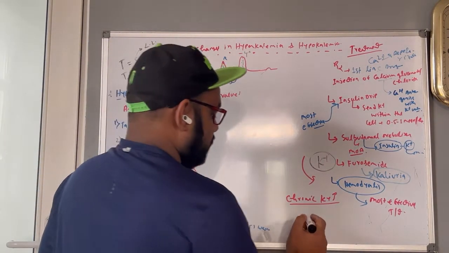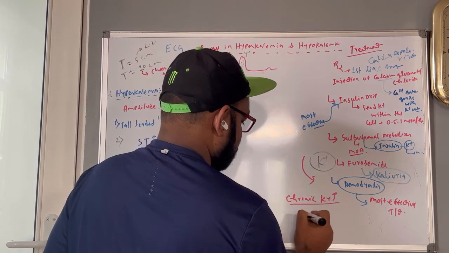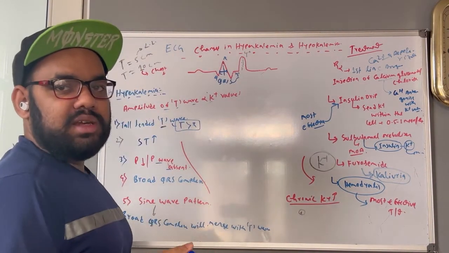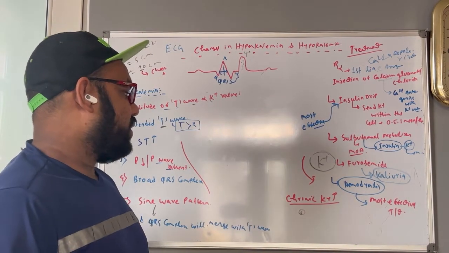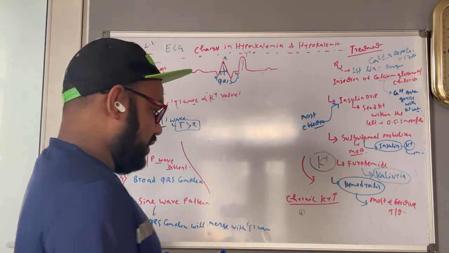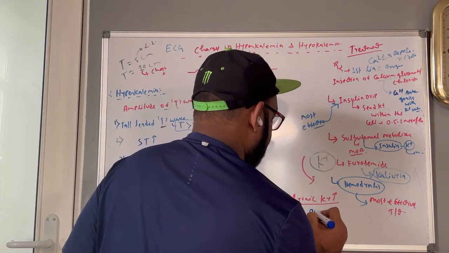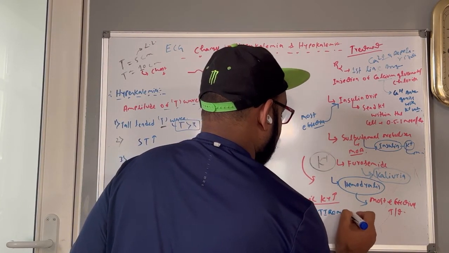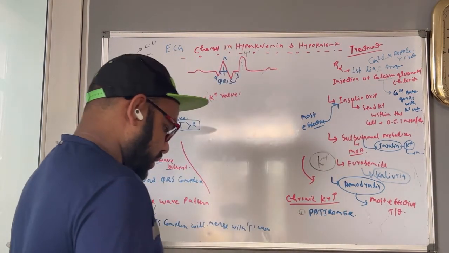This question came in 2020 on FMG, so you can remember from here. That will be patiromer. Patiromer is a drug that is used to treat chronic hyperkalemia.